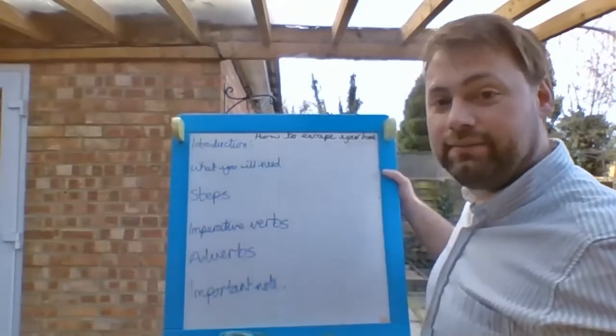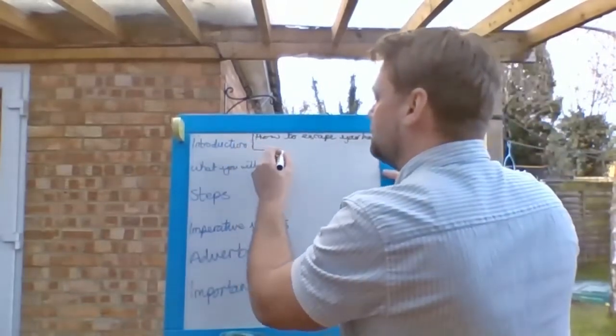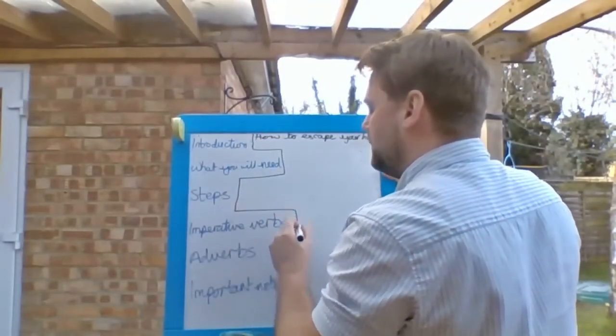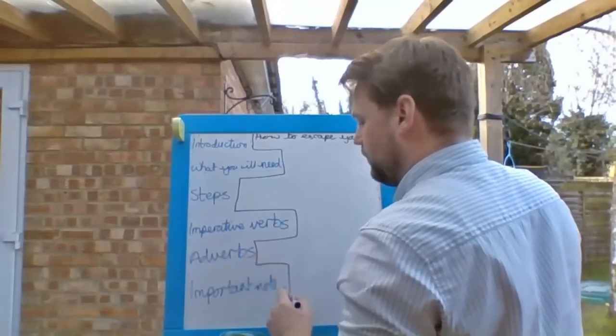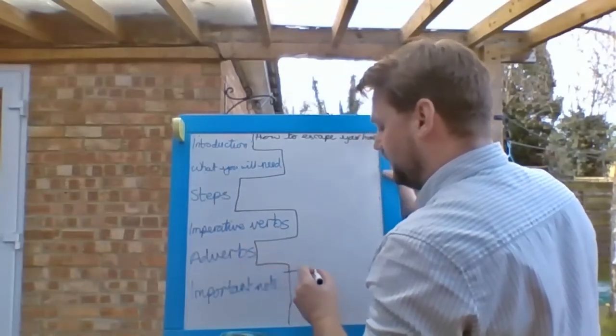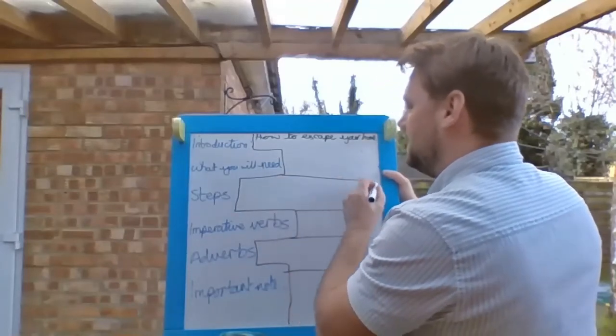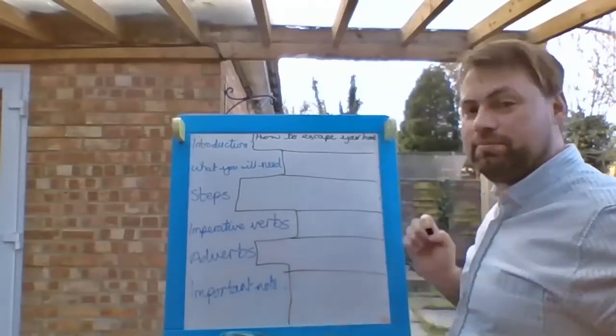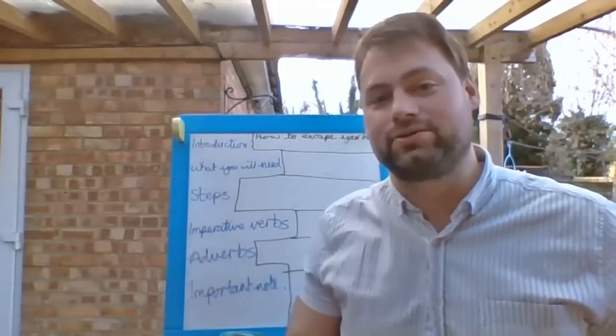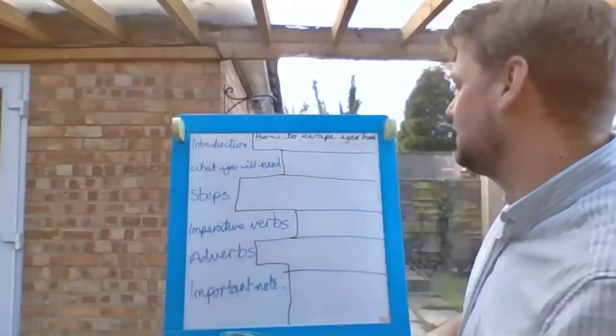Okay, that could be my heading. Your box up, obviously, you can use the one on the screen. Mine is going to be on my whiteboard, so it may look a little bit messy, but I will talk you through it anyway as well. So how to escape your home, that could be my heading.